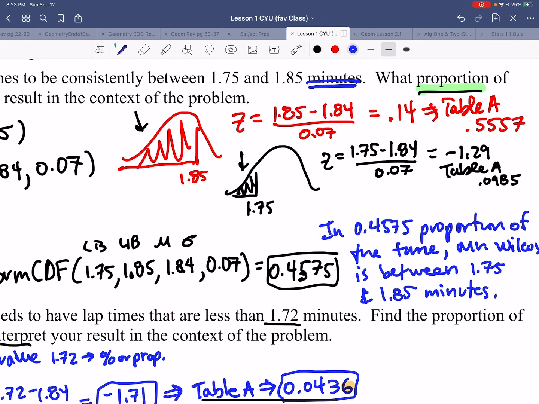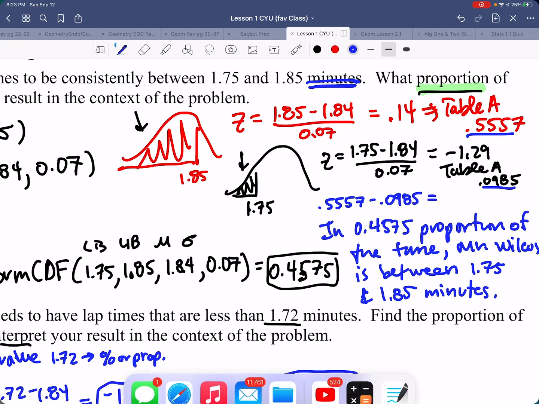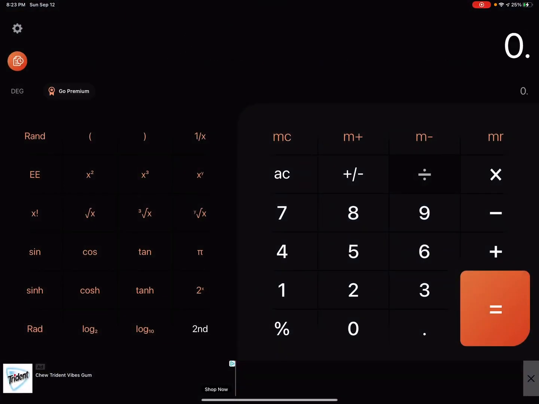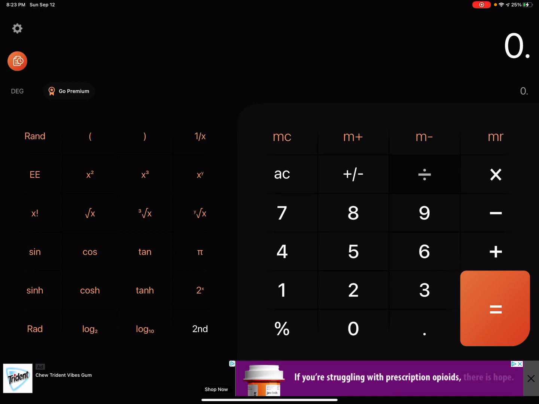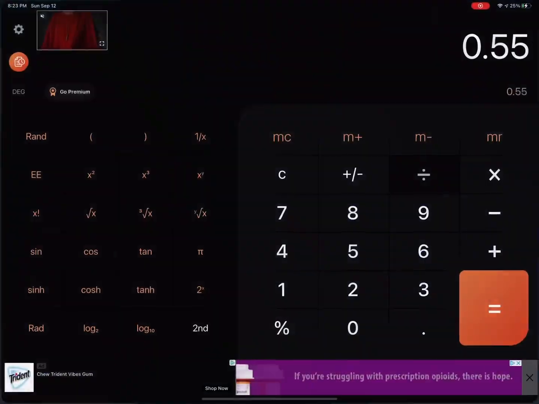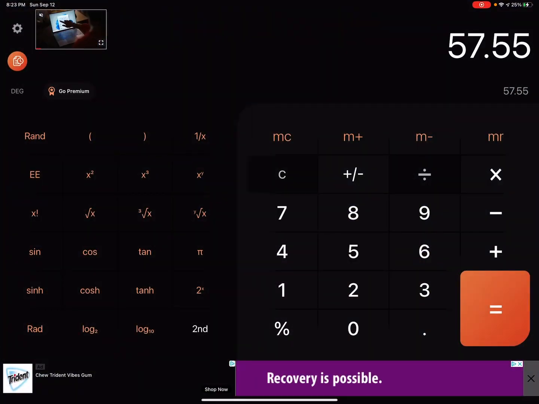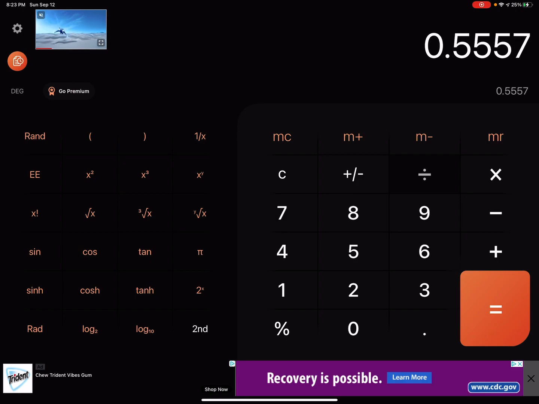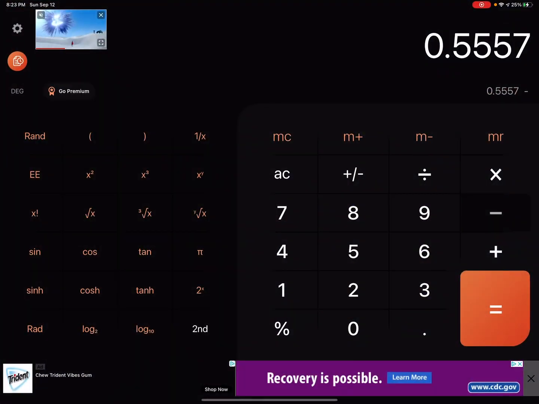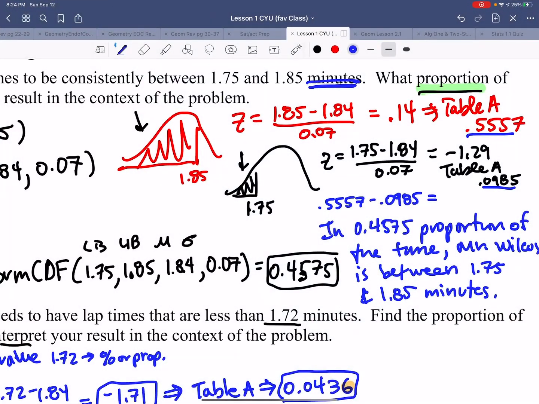All right, and then I'm going to subtract these two numbers. 0.5557, take away 0.0985, gives .4572.